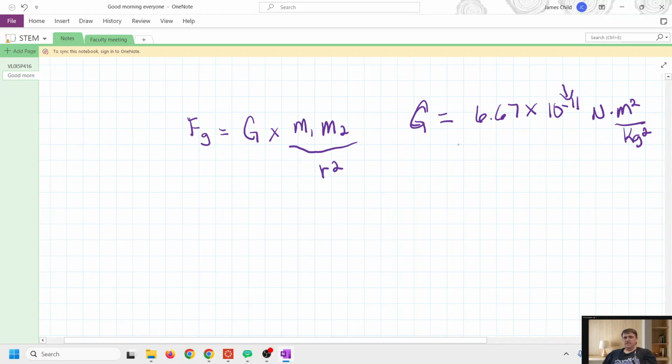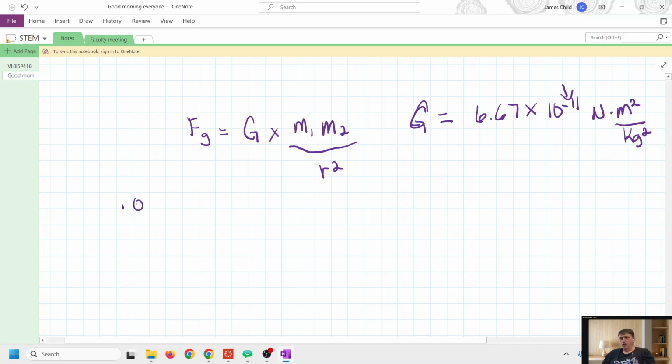What that means is I can write this another way, right? I'm going to write this as a decimal. So I'm going to start over here. I'm going to say point, and I got to move that 11 decimals to the left.